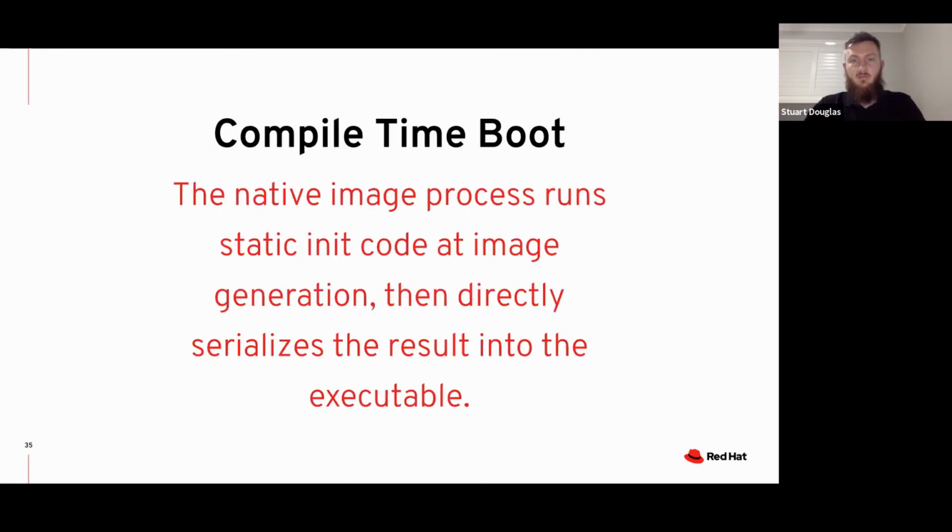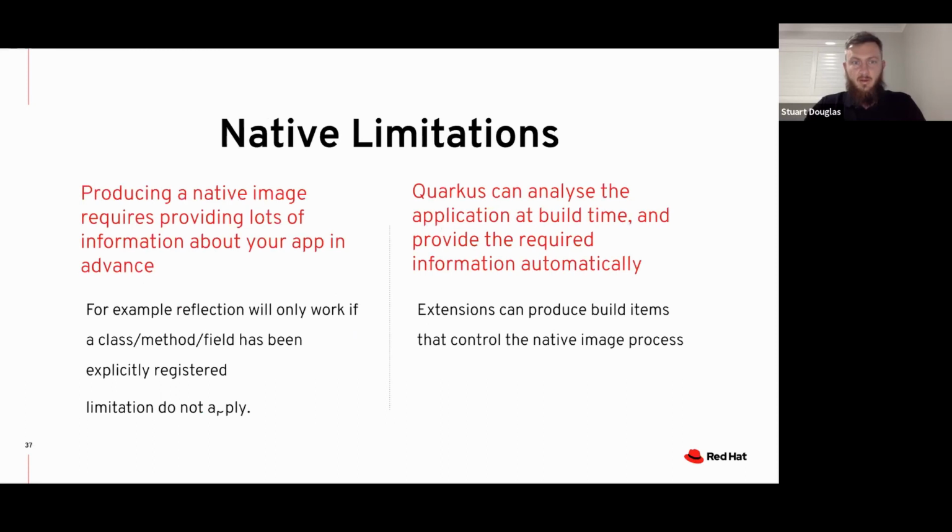You can't generate proxies unless you specify which ones you need. So there's a whole heap of information that you need to give GraalVM and Substrate for your application to work properly. And Quarkus provides build items that let you write extensions to do that automatically.